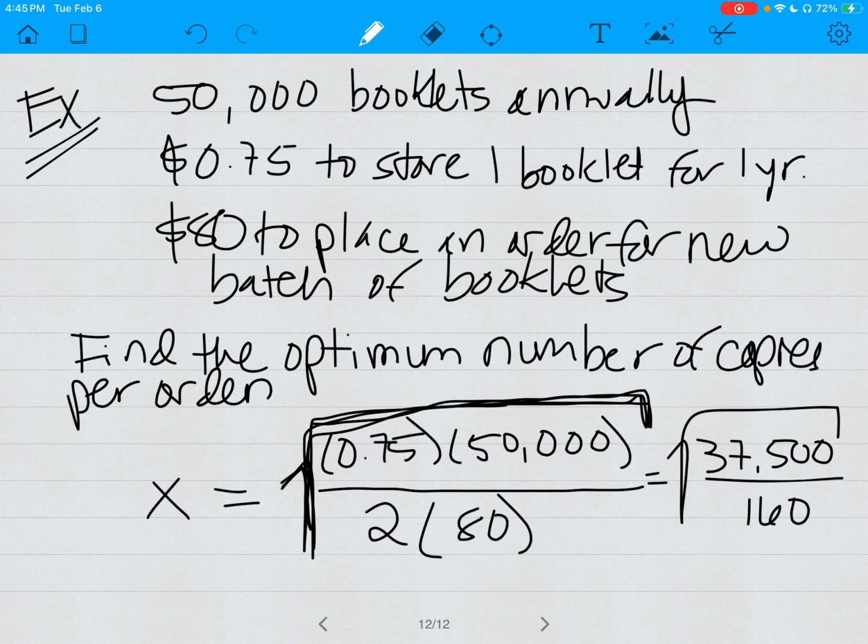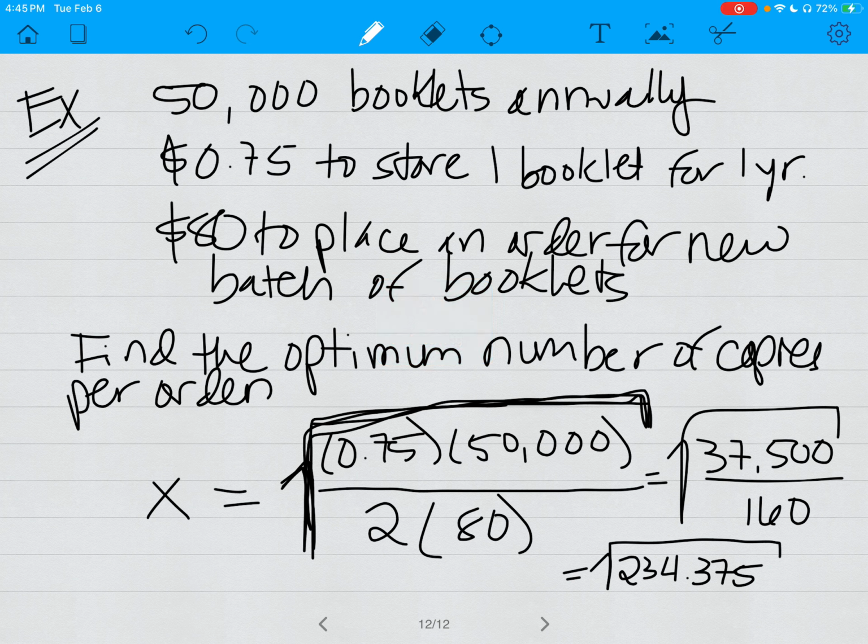So if I take 37,500 divided by 160, I get 234.375. And then that's the thing that I want to square root.